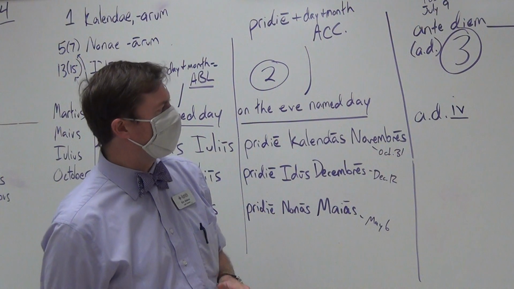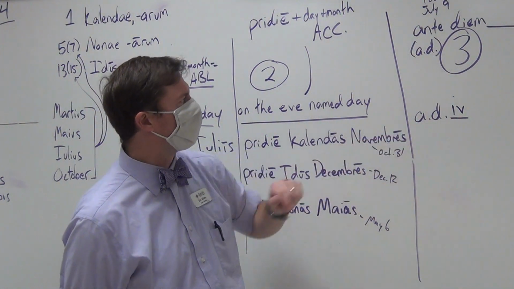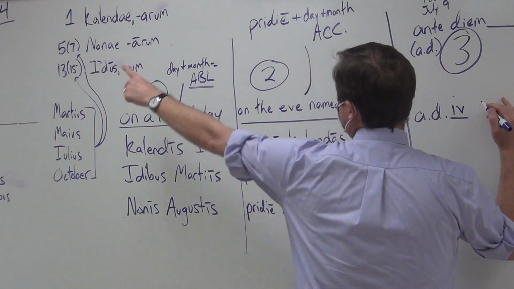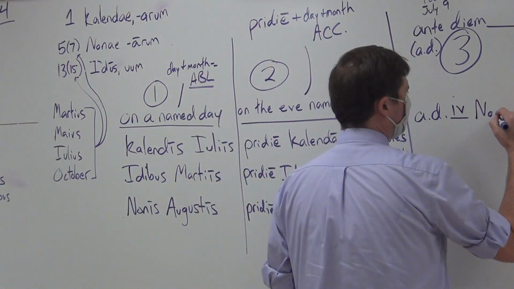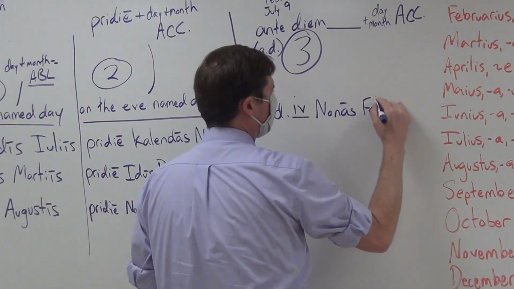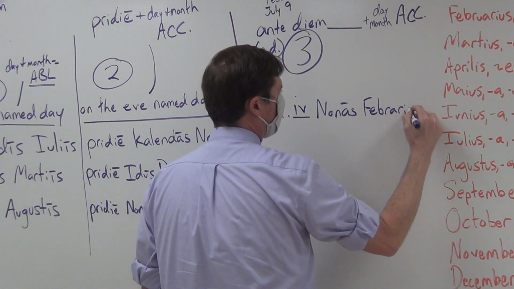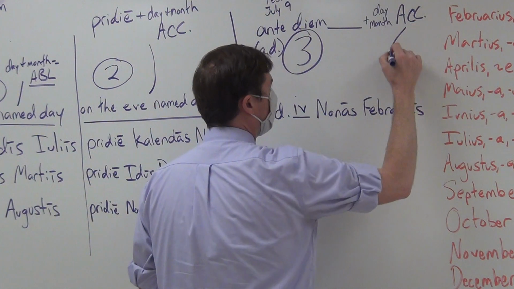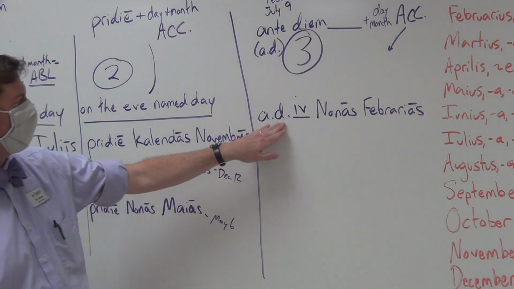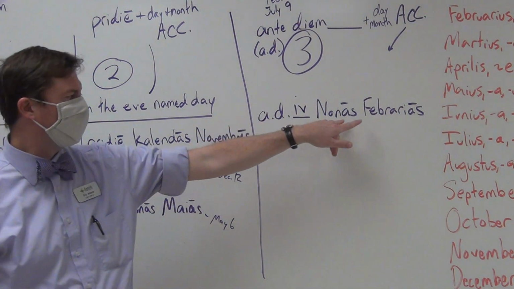Then, this is indicating the 4th day before, and remember we're counting to the nones of February in the accusative. So what this literally translates as is the 4th day before the February nones.